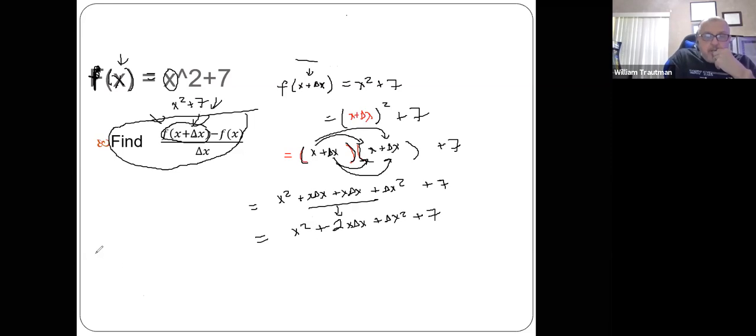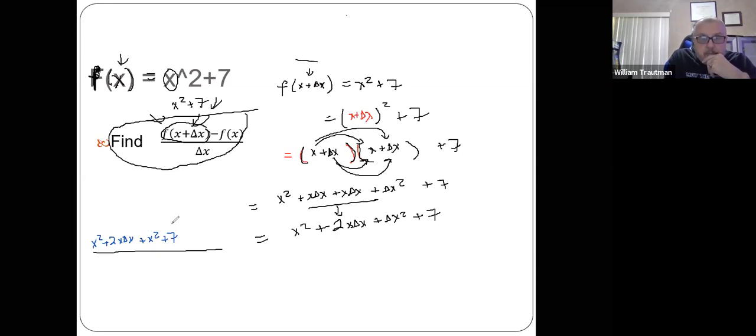I'm going to write it over here in blue. That's our first part, so this is what we got for that first part of the function.